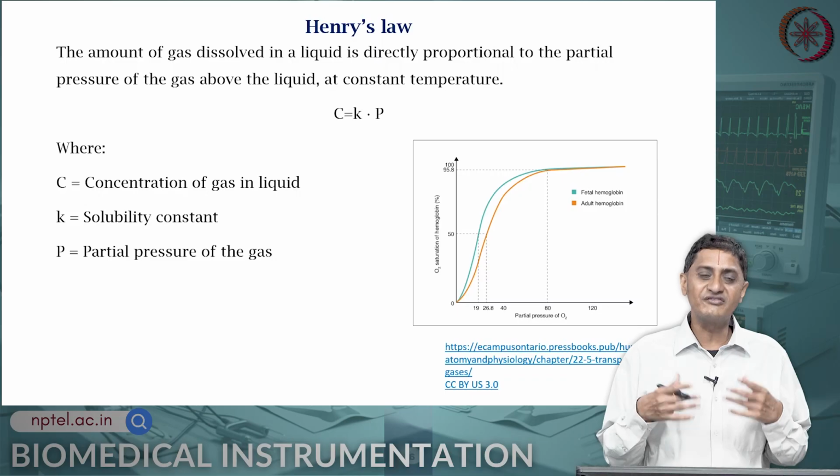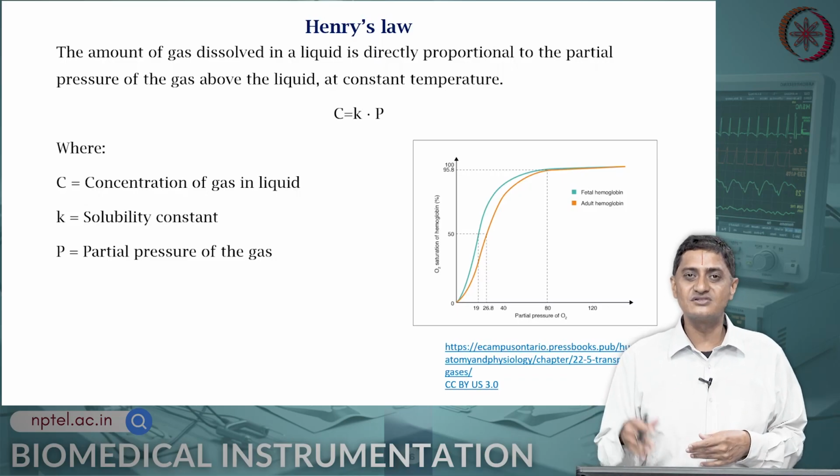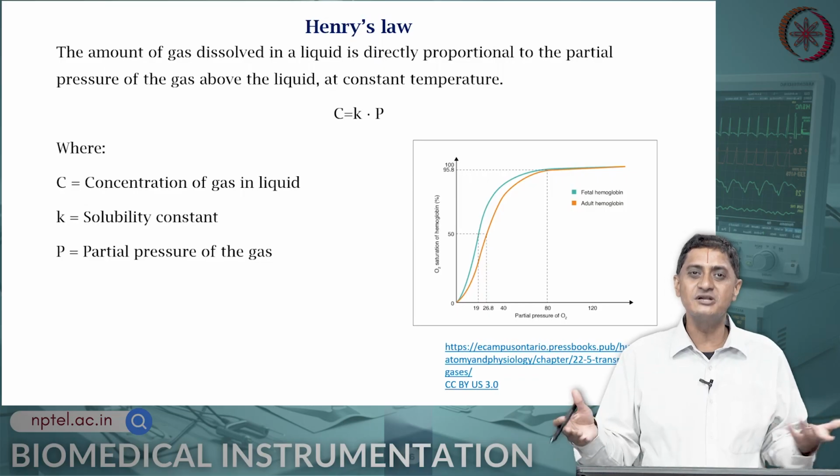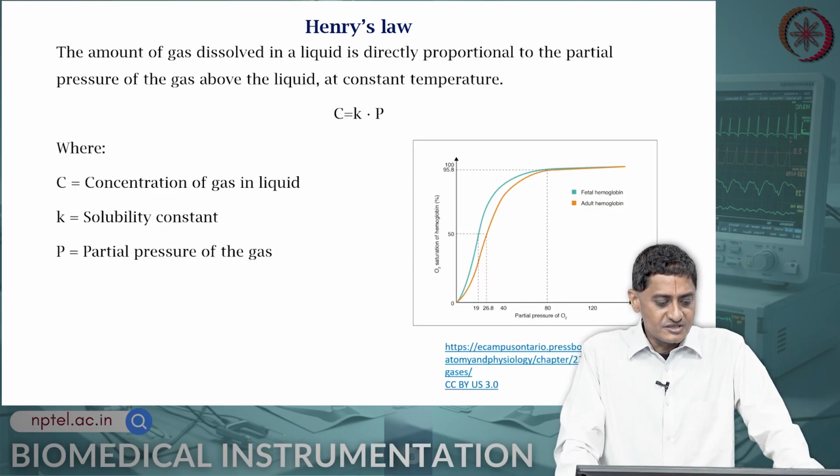So, the amount of oxygen that is dissolved in blood is proportional to the partial pressure. The concentration of the gas, oxygen in blood for example, is a function of the solubility constant K times the partial pressure.